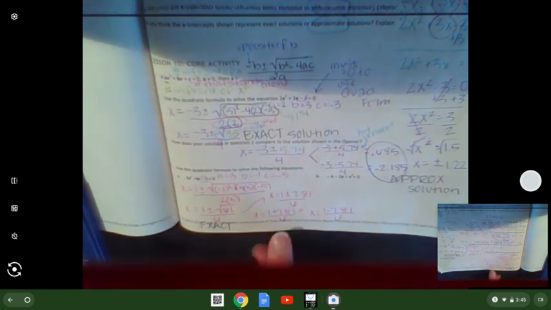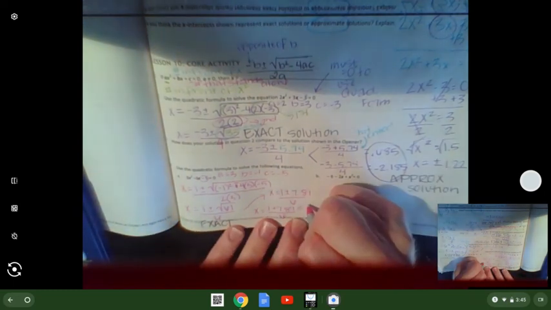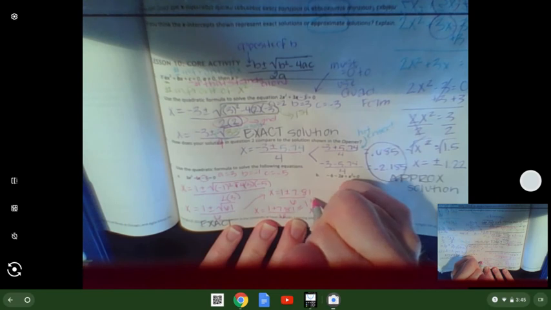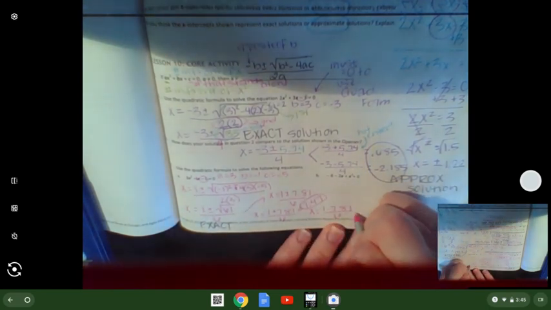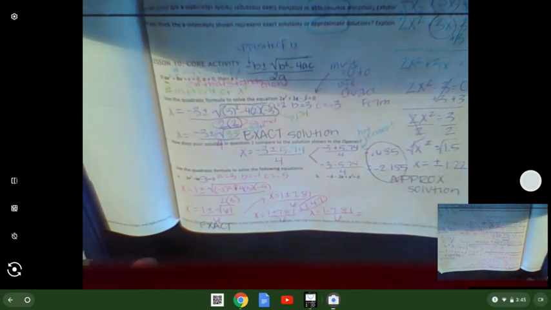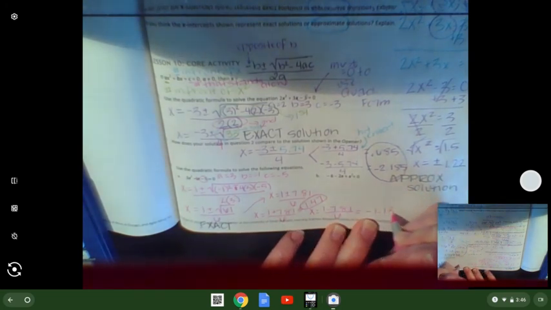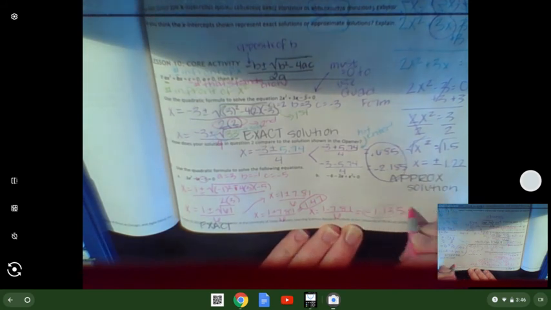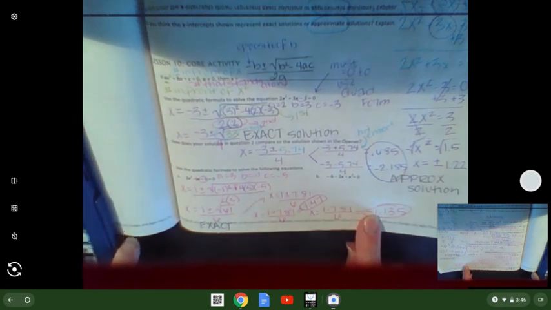When you type in your calculator 1 plus 7.81, hit enter, and then divide by 6, you should get 1.47, if I round, which is one of my solutions, one of my x-intercepts. And when we subtract 1 minus 7.81, hit enter, divided by 6, you should get -1.135. I'm going to copy the whole decimal. Our two x-intercepts are 1.47 and -1.135.